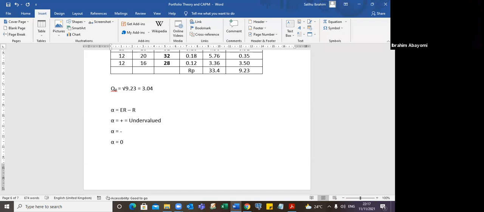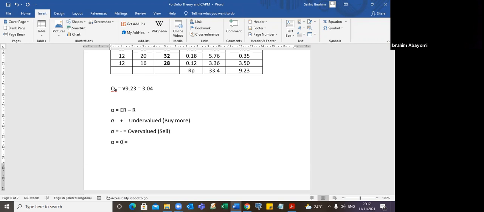And when it is undervalued, what do you do? You buy more. Buy more. This one is equal to overvalued. So if it is overvalued, what's your strategy? Sell. Sell.